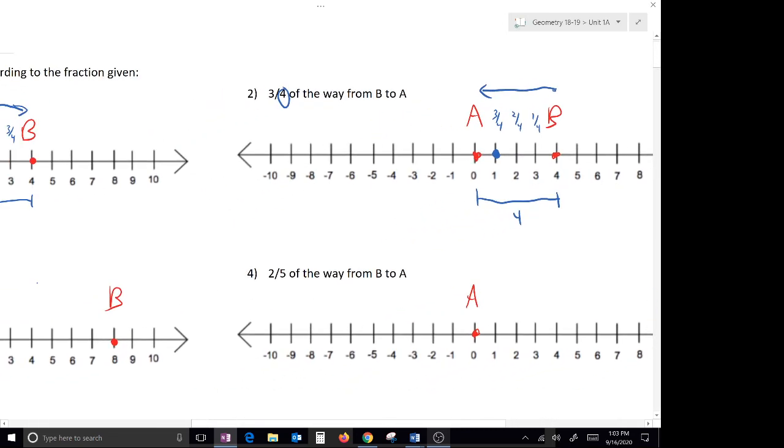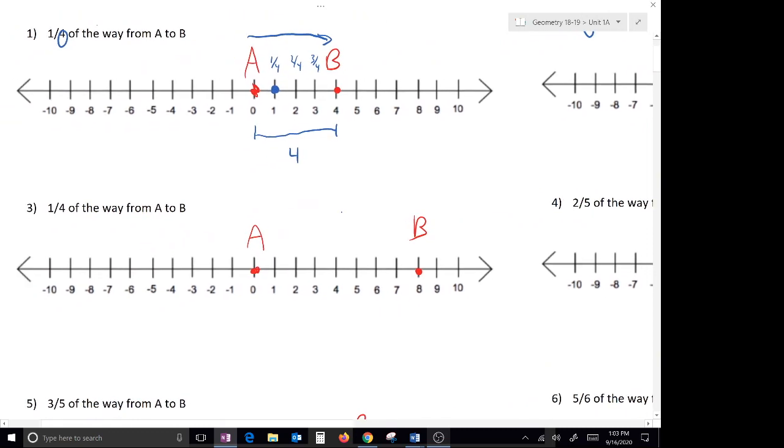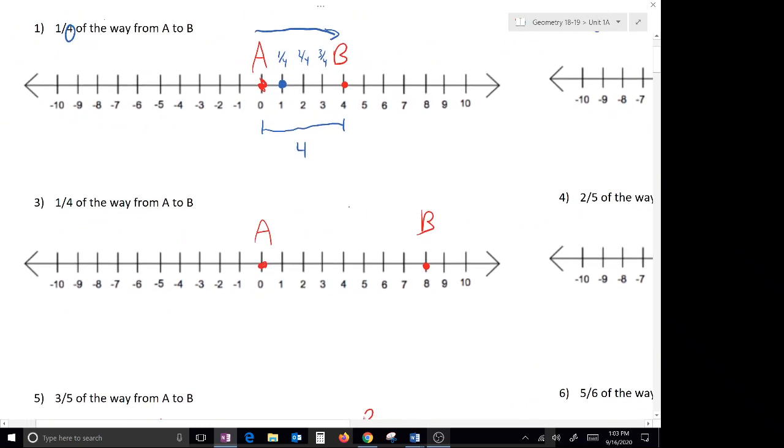Okay, moving on. Number 3, I want to go 1/4 of the way from A to B. Well, from A to B, this time, from 0 to 8, that's 8 units, my distance. So that means I'm not divided into fourths anymore.